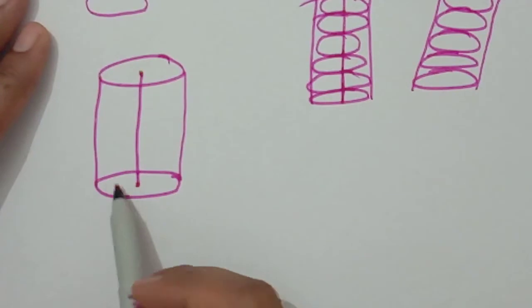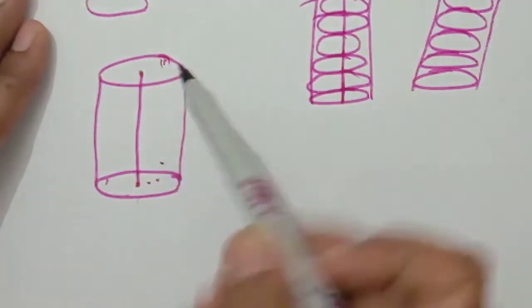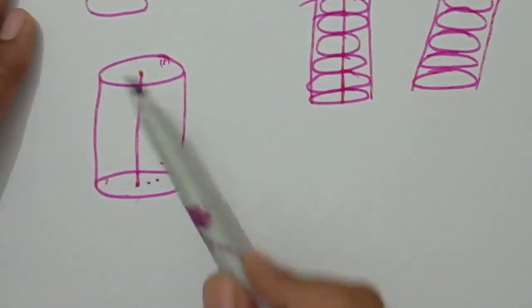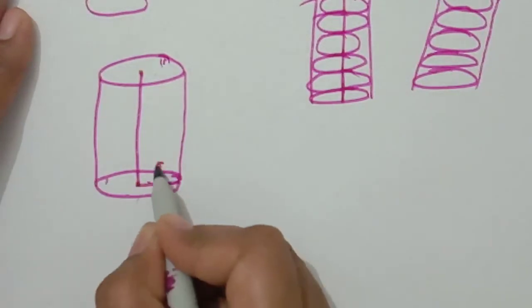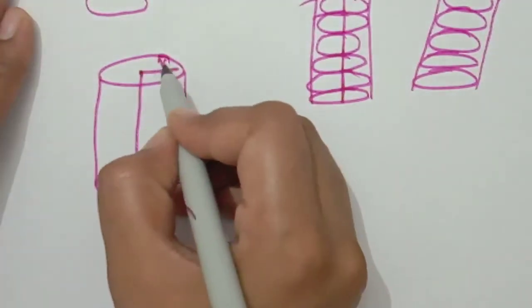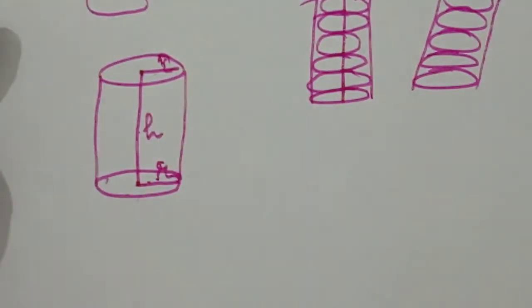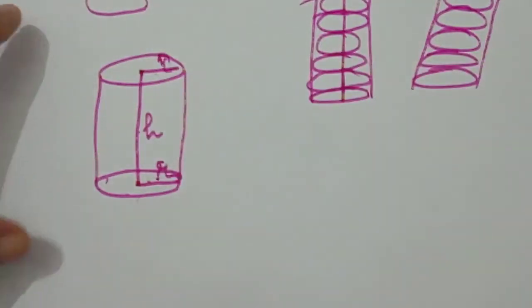So this is our base and we have two circular faces, and this one we have as a round face, and this is our axis, this is our radius in the cylinder, this is also a radius, and this is our height of the cylinder. So the length of the axis is called the height of the cylinder.